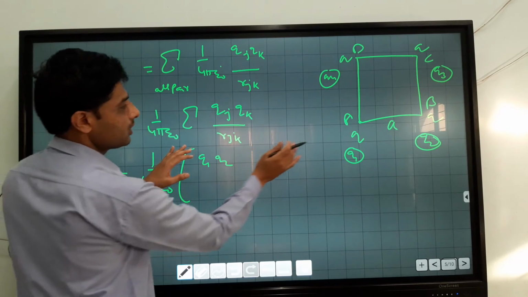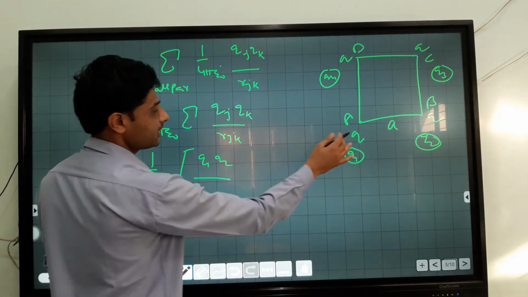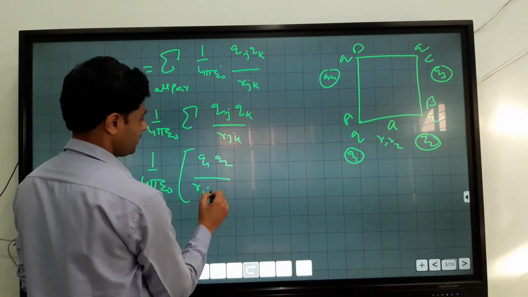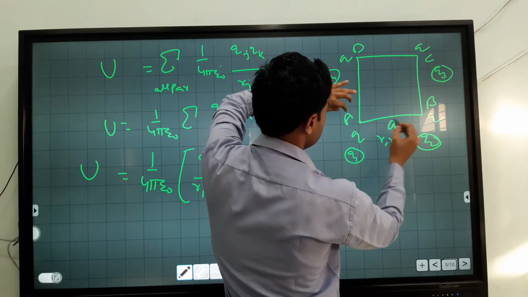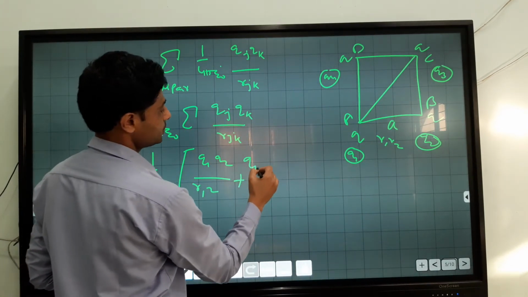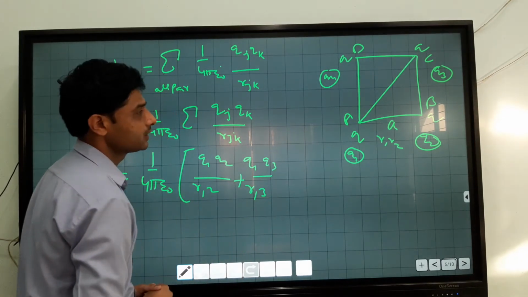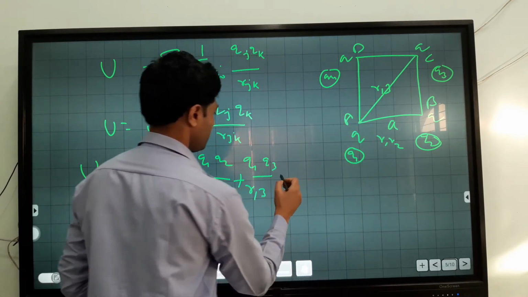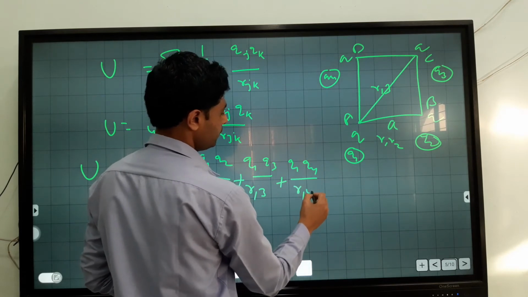Then for Q1, Q2 the distance is R1 2, for AB. For AC, Q1, Q3, R1 3. And for the last charge, Q1, Q4 and R1 4.